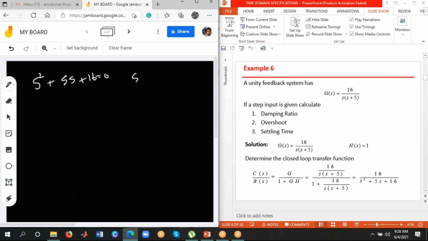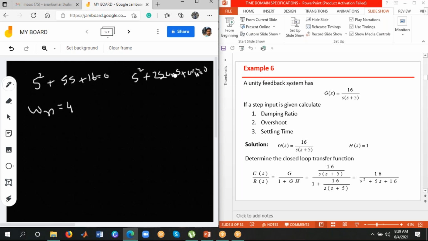If you compare this with the standard form, s square plus 2 zeta omega n s plus omega n square equals 0, omega n you will get 4.